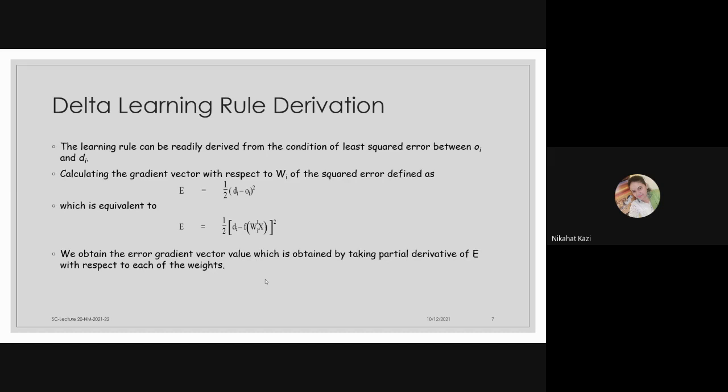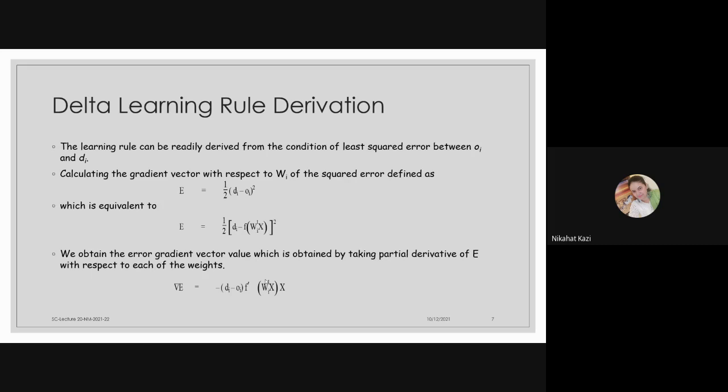For minimizing the error, you need to take the derivative of E with respect to the weights, because the weights are the ones which are adaptive. What is adaptive in this entire equation is the weights. You need to change the weights. So you take the derivative of this error with respect to the weights. What is the derivative of that term?